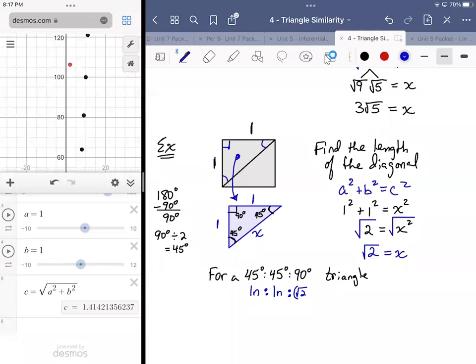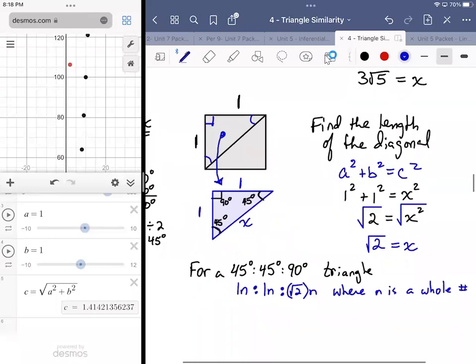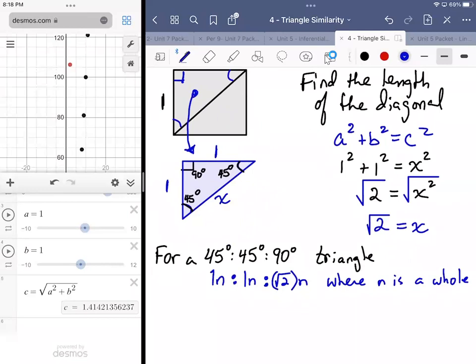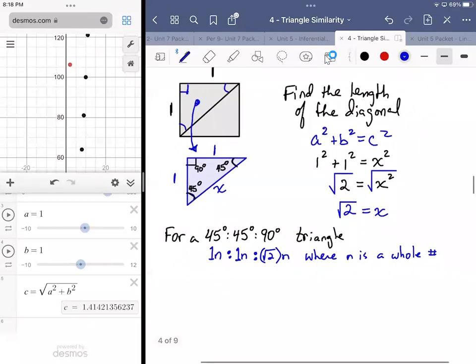So radical 2 times n, where n is a whole number. So this is basically a Pythagorean triple that's specific to this type of triangle. I know the 1n looks like in, but, best I can do.